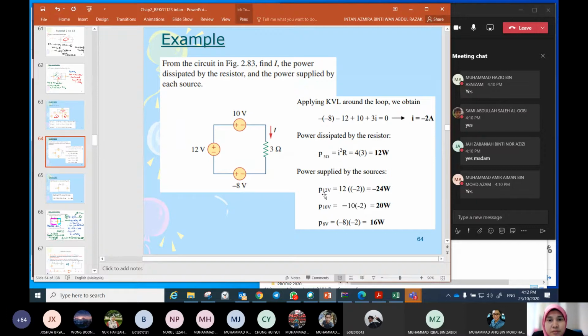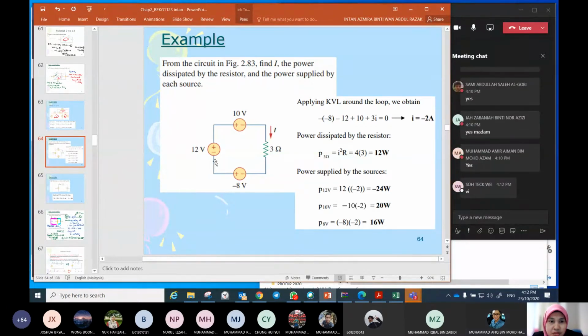And then the power of the 12 volt source, let's use P equals, what formula? P equals VI. Yes, VI. So V is 12, current is minus 2, we get minus 24.